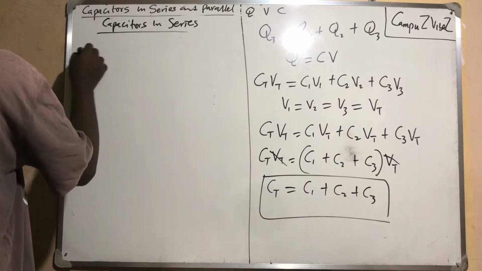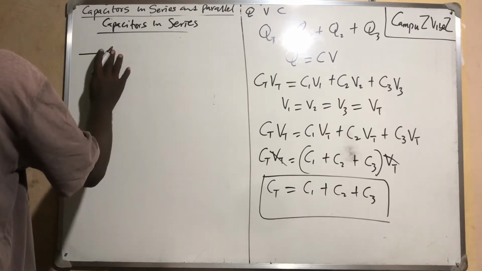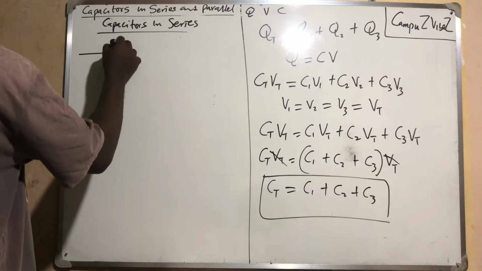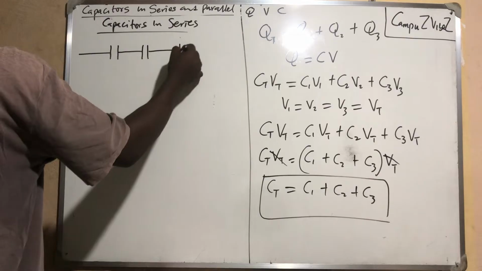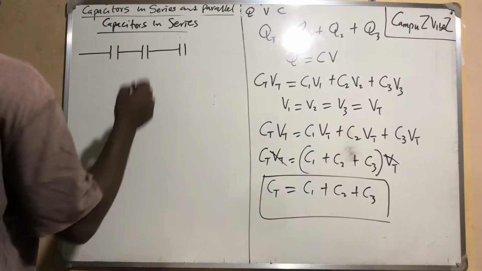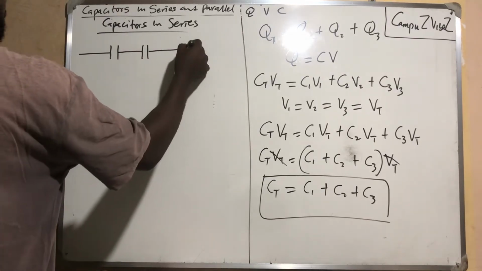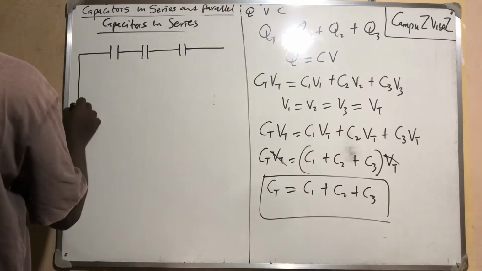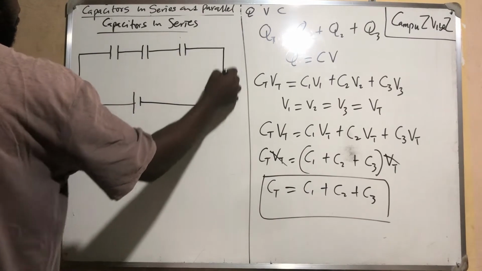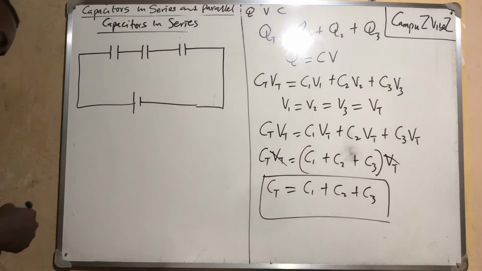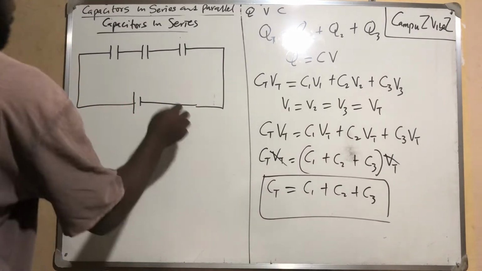Capacitors in series are gotten by, you will notice that they are all arranged in just a straight line. Okay? If you are moving, you must join the other one. All right? So that is that. I have my battery here. So that is capacitors in series.